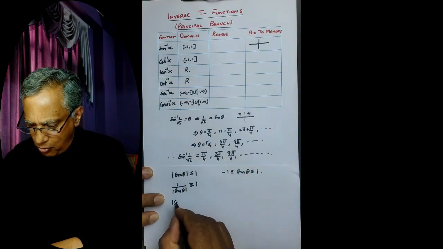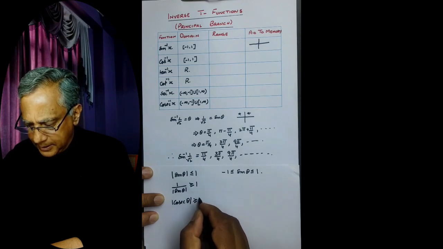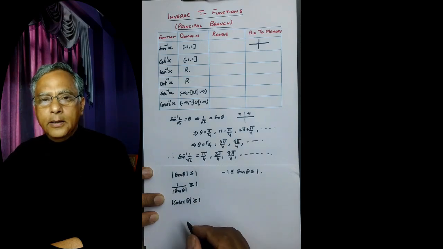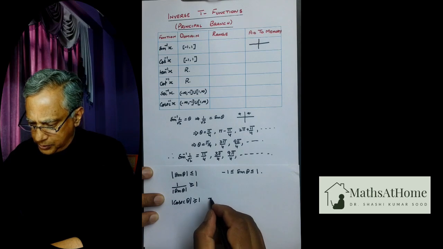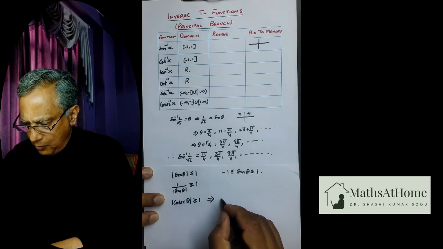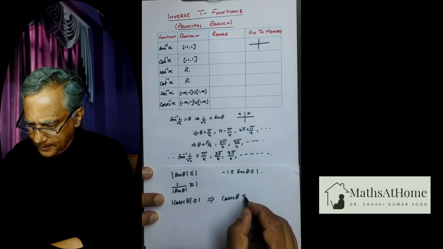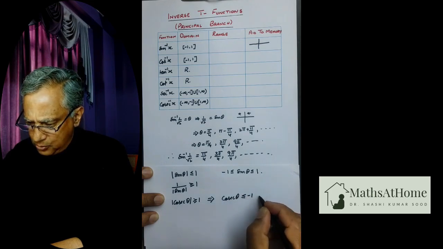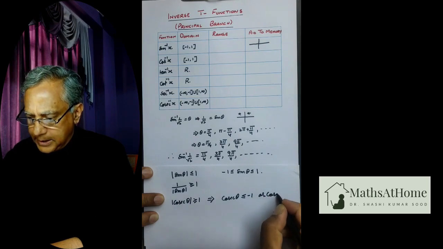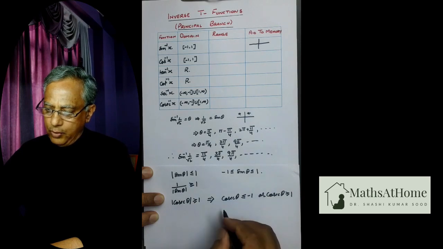That is, mod of cosecant theta is greater than or equal to 1. And mod of this being greater than or equal to 1 will imply that either cosecant theta is less than or equal to minus 1 or cosecant theta is greater than or equal to 1.